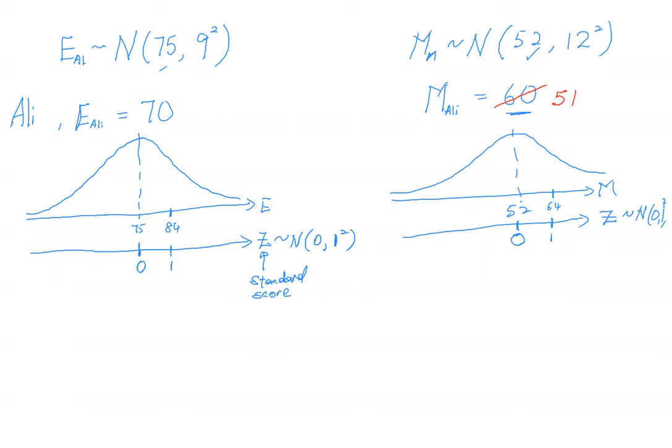Now, if you get less than that, 75 minus 9, what is the answer? 66. If you get 66 marks in EAL, then your standard score will be -1. If you get 52 minus 12, 40 marks in maths, your standard score will be -1. Okay, now, based on this, it can go on. So now you look, 50 is here.